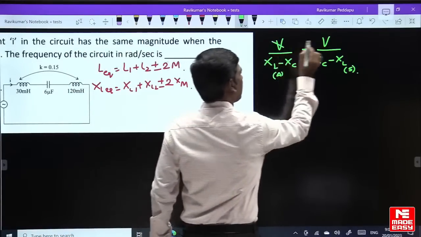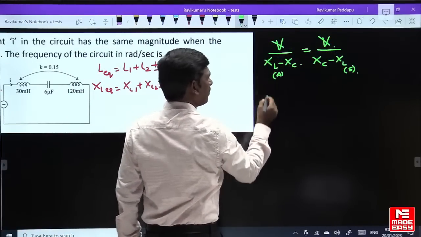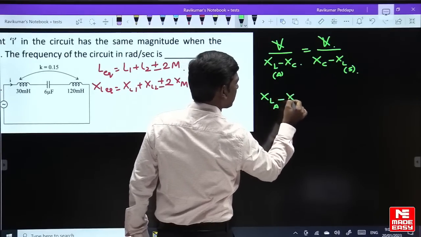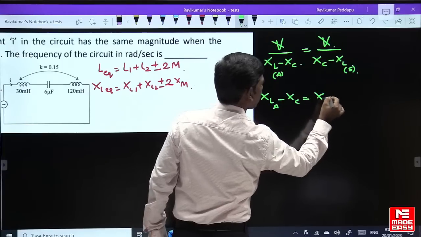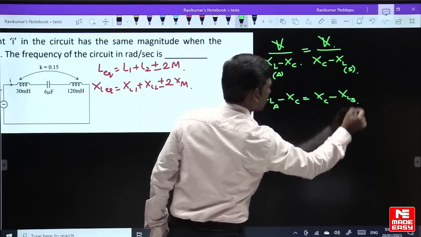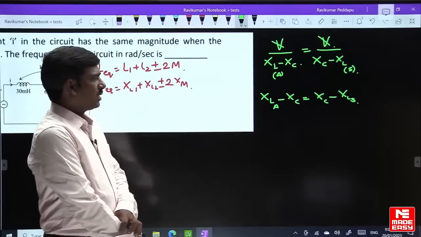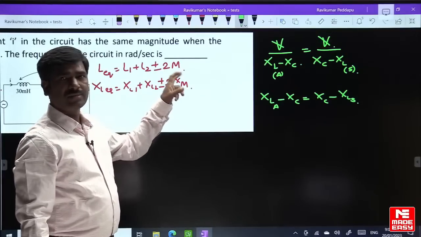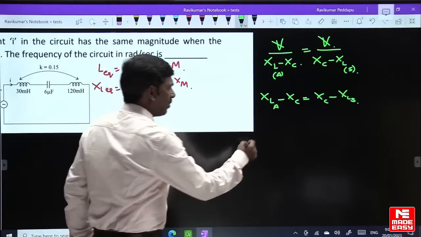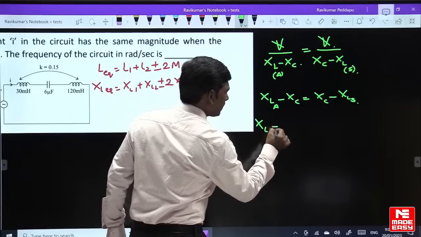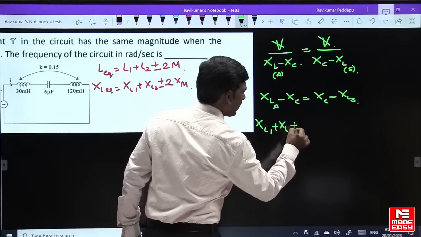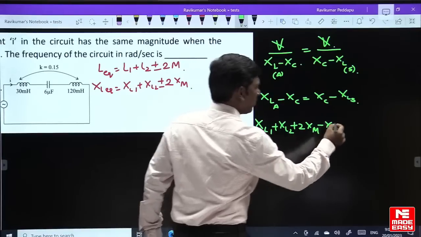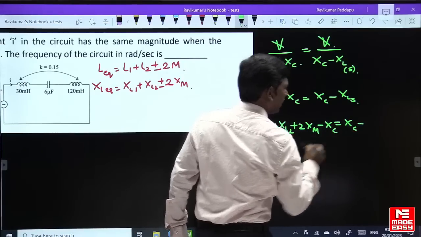So V gets cancelled. This XL minus XC is equal to XC minus XLS. XLA is nothing but the addition, that value is XL1 plus XL2 plus 2XM minus XC is equal to XC minus XLS.